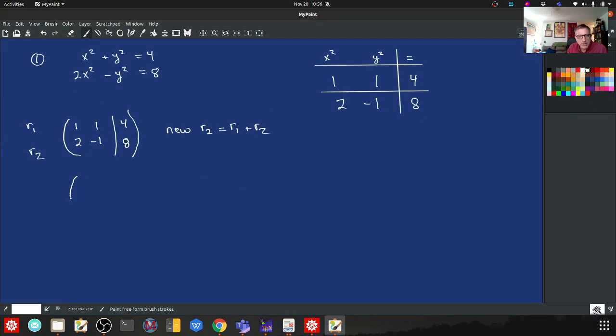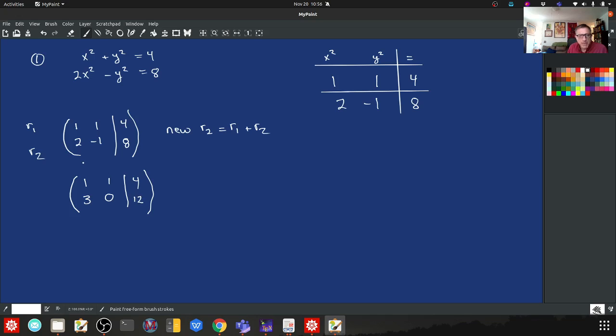So this is my new row 2. So my row 1 does not change at all. So my new row 2 comes about by adding row 1 and row 2. So 1 plus 2 is 3. 1 plus minus 1 is 0. And 4 plus 8 is 12.